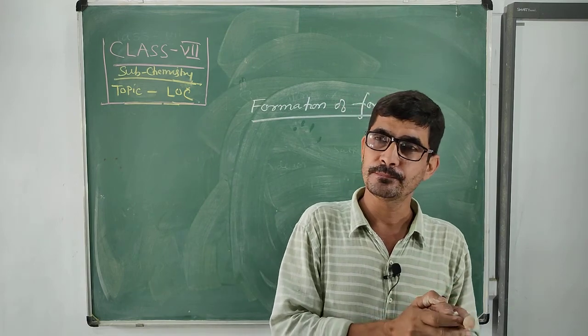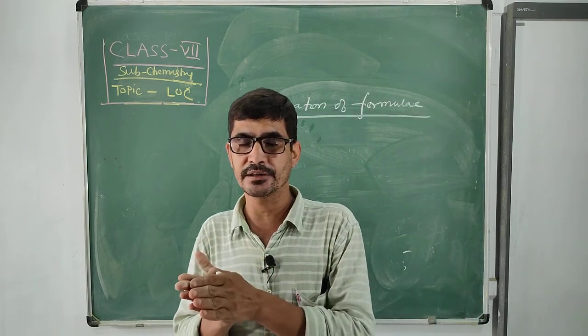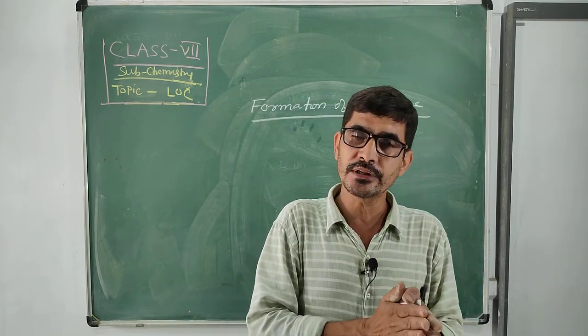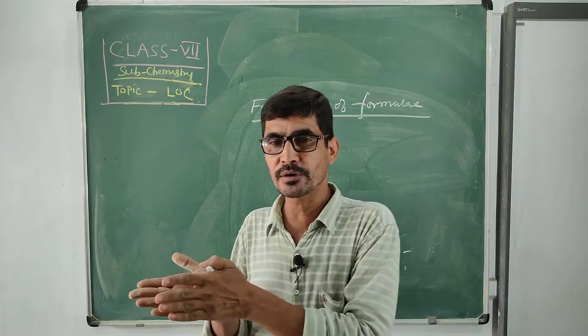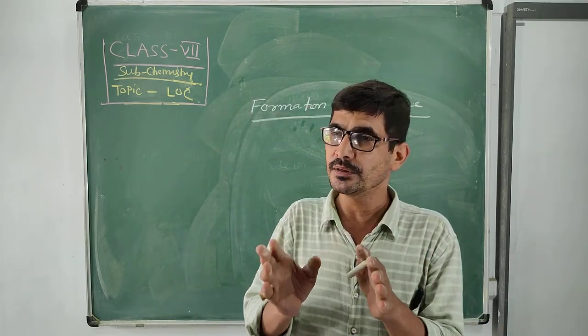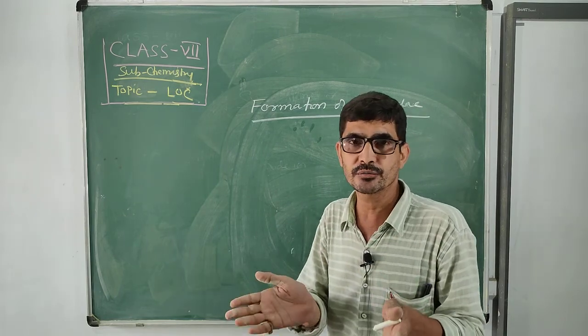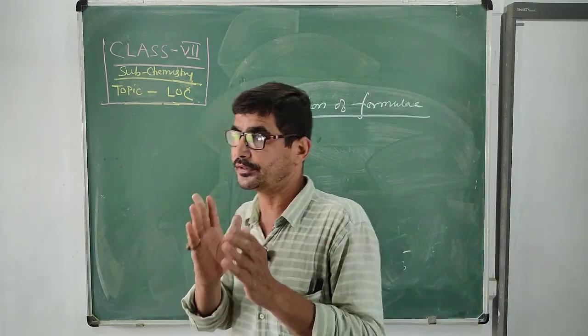One is called basic radical, another is acid radical. Whether basic radical is simple or compound, and acid radical is simple or compound, doesn't matter, but a compound is formed by two different radicals: one basic radical, another acid radical.